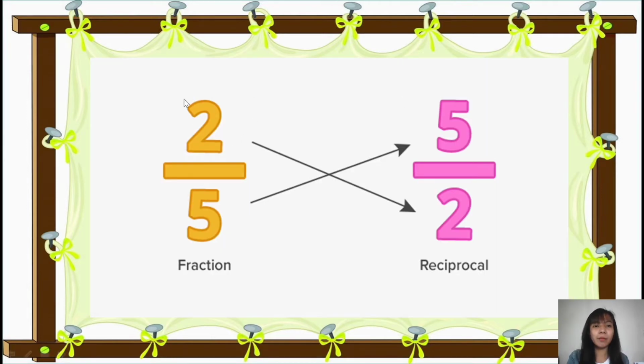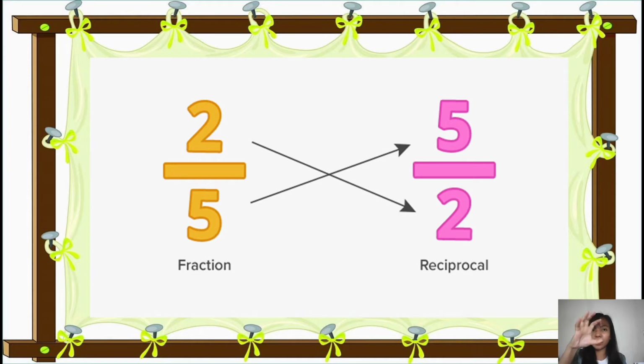So we have here the 2 over 5. 2 here is the numerator. As you can remember, it is called a numerator. And the bottom number, which is 5 here, is the denominator. So when you do a reciprocal of the fraction, all you have to do is just switch.